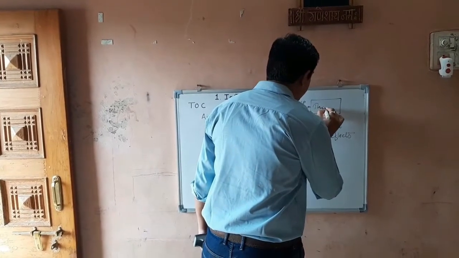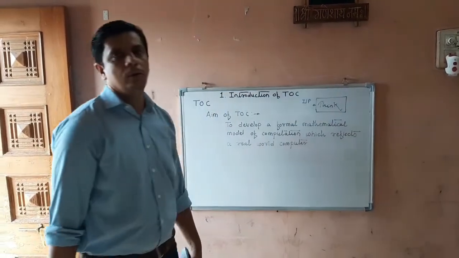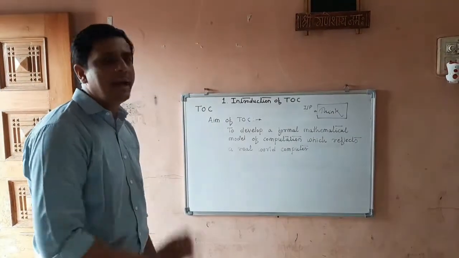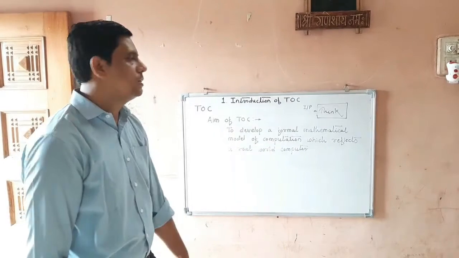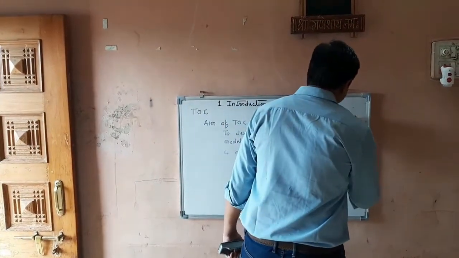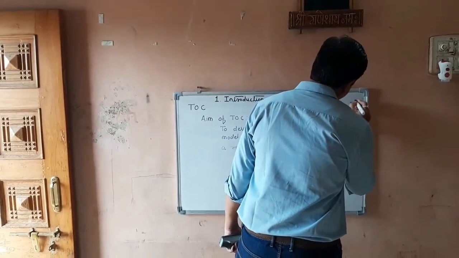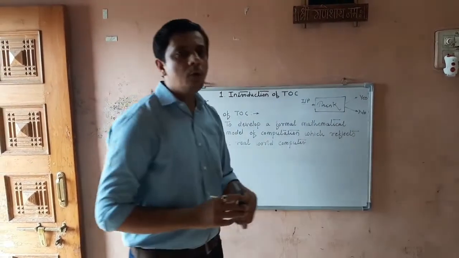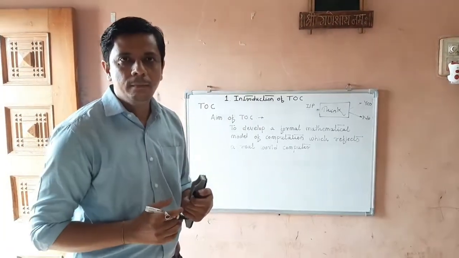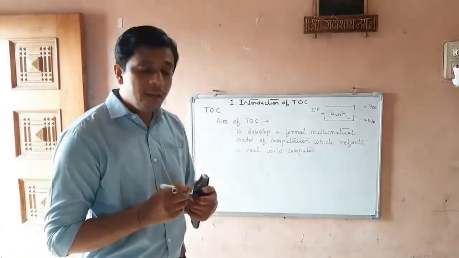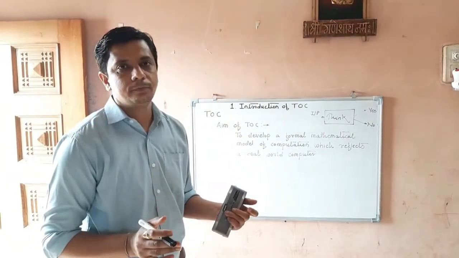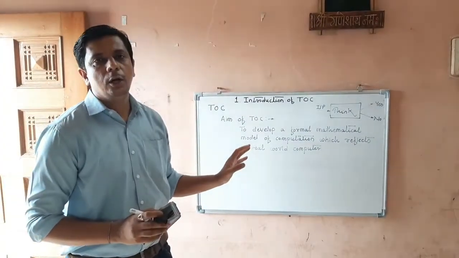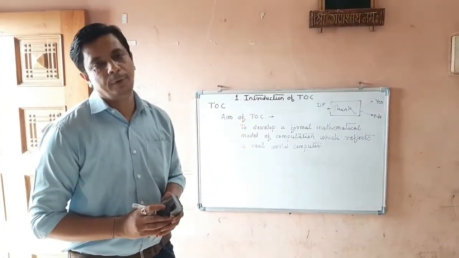It decides what action to be taken on the given input, and after taking the action with the help of algorithms, the model provides output, either yes or no. Yes means the given input is accepted. No means the given input is not accepted. So this is an introduction of the subject theory of computation.